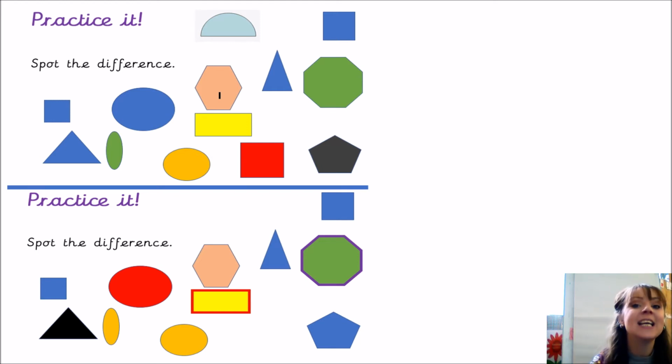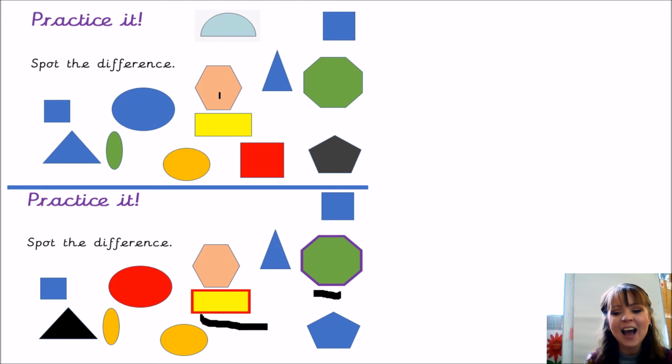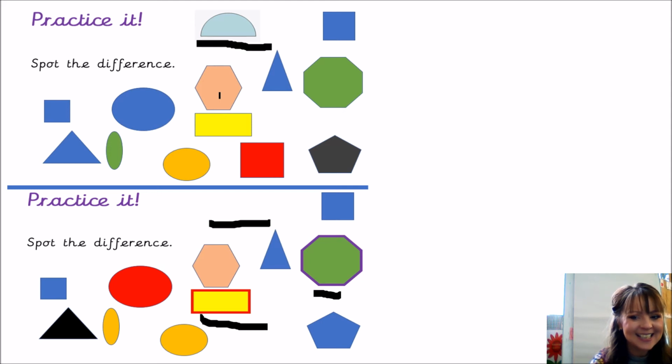Okay, you ready to find out the differences? Here you can see the rectangle now has red sides. The octagon now has purple sides. There's something missing here. What is it? There it is.